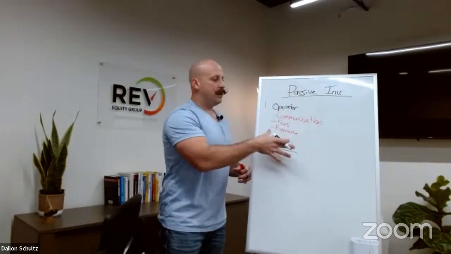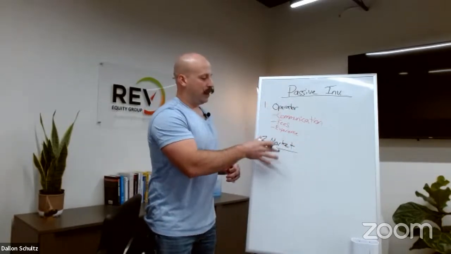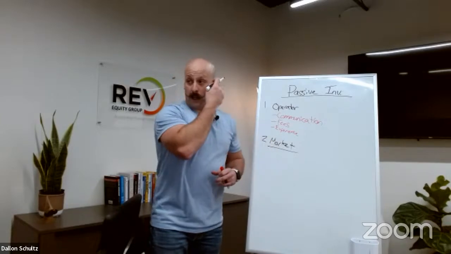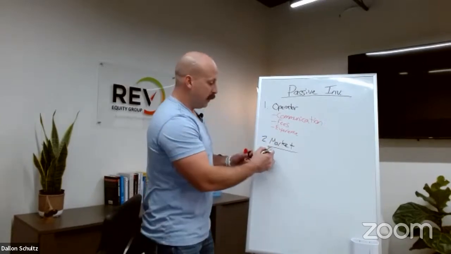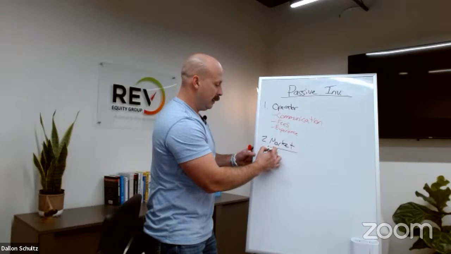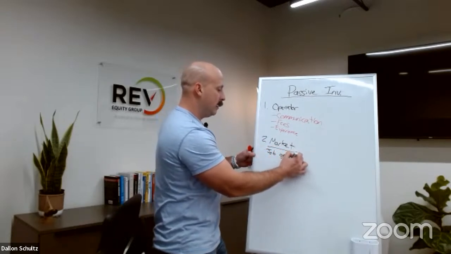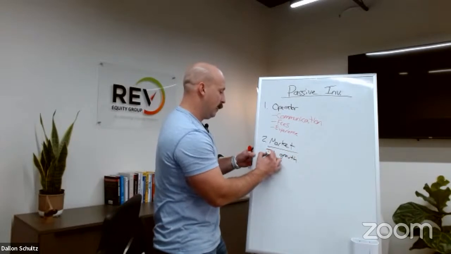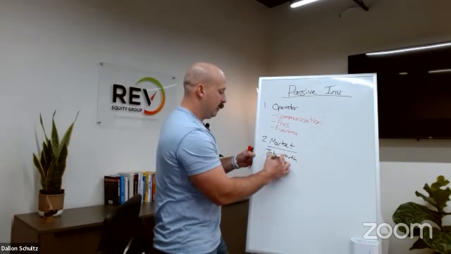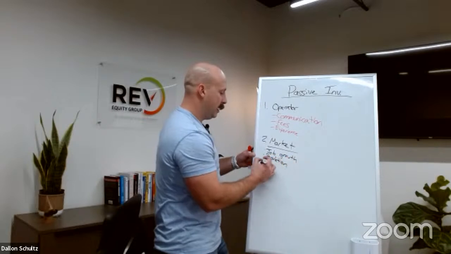So once you've vetted your operator and you're looking at the market, here are a few metrics that you want to look at. Number one, job growth. Two, population growth.